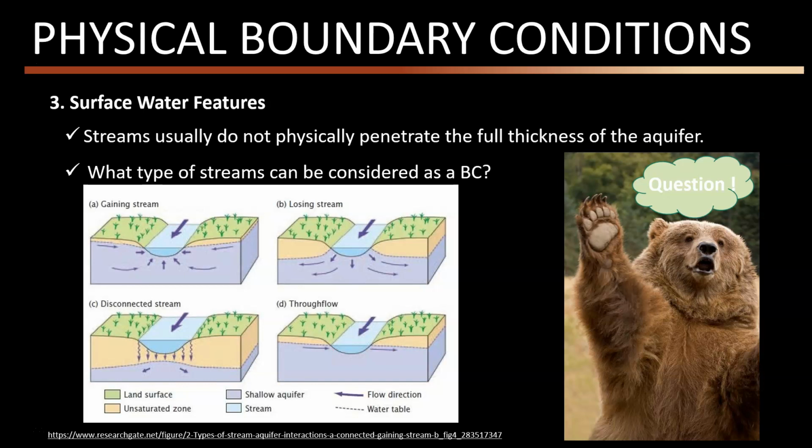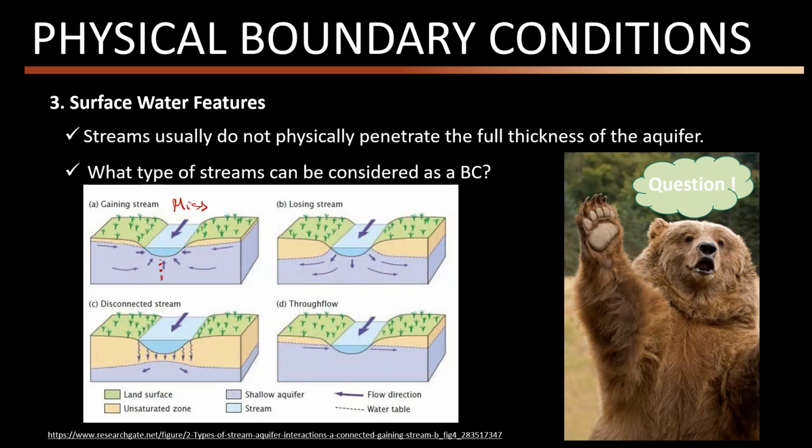In these 2 rivers, for example, if it is a big major river like the Mississippi River, we consider that there is a big hydraulic connection between the aquifer here and the stream.